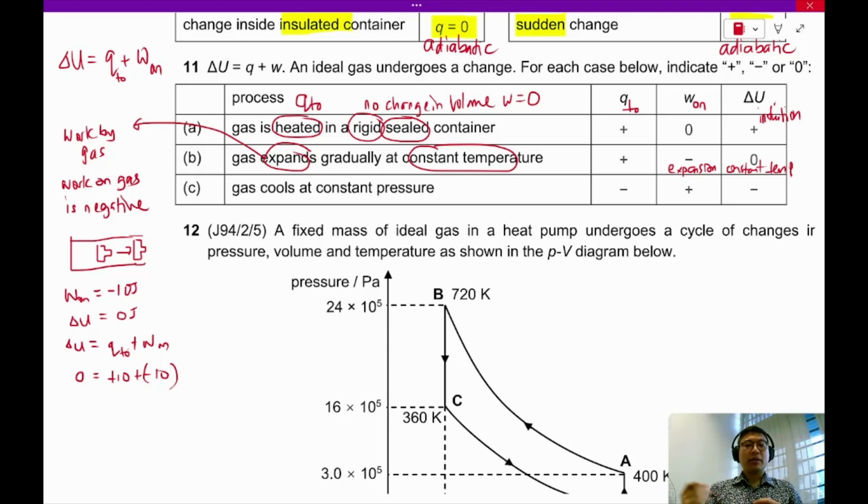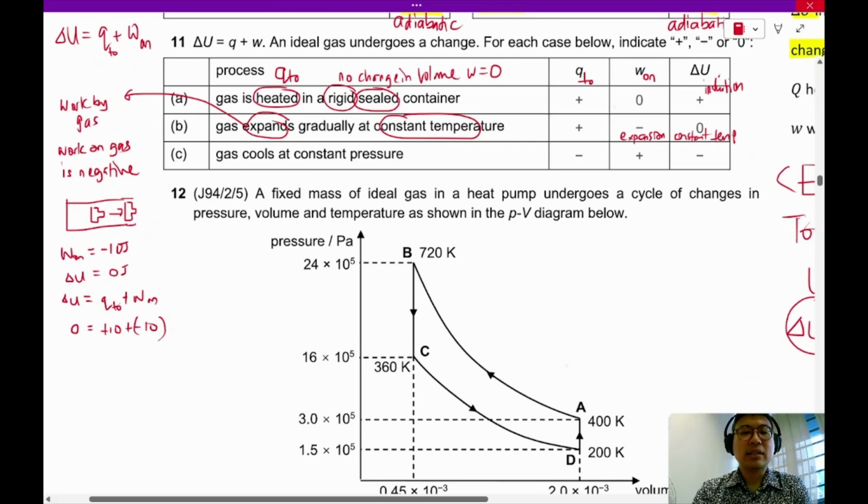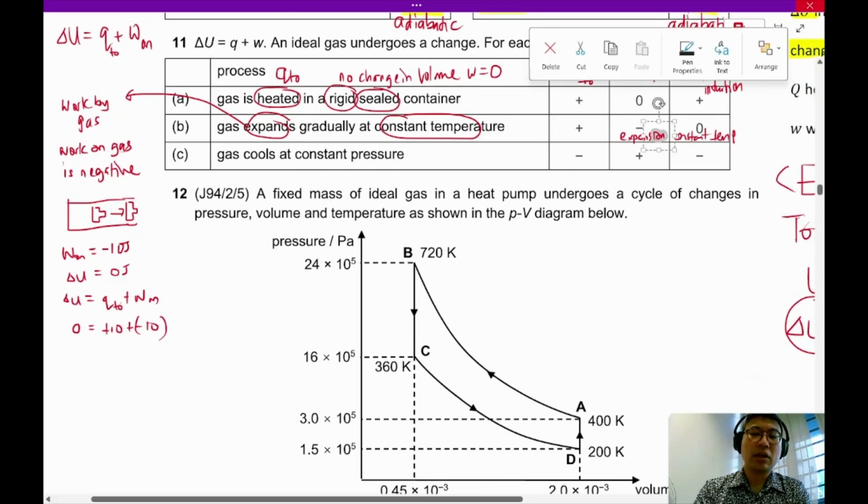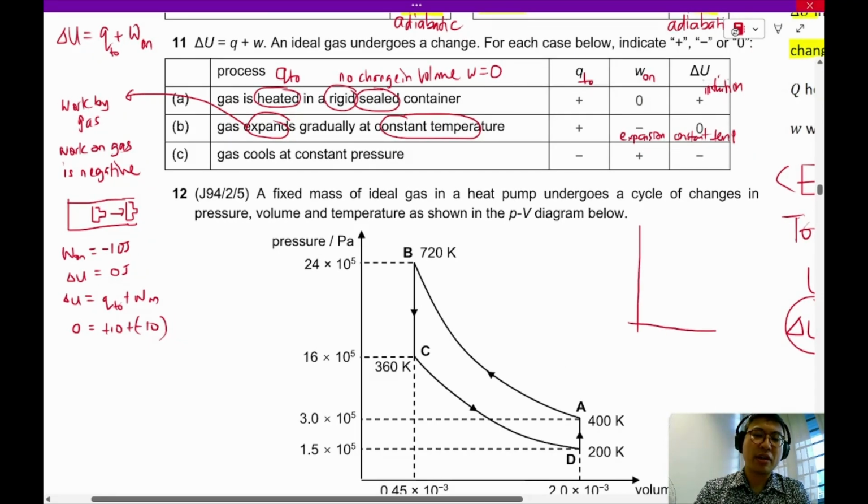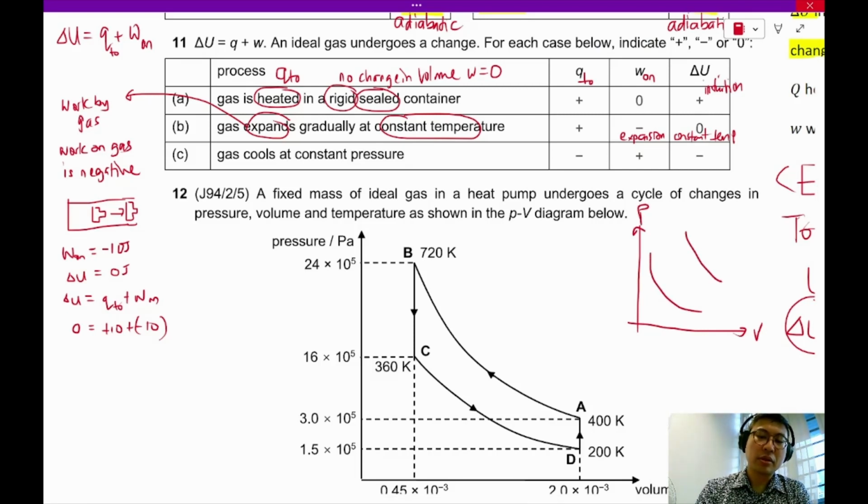All right. Now, next, the gas cools at a constant pressure. For part C, it is a good idea for you to draw the PV diagram. Right? So here's a PV diagram. I'm going to draw two isotherms. This is temperature hot and this is temperature cold.